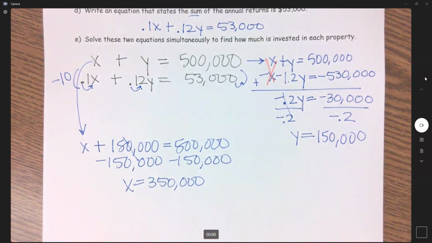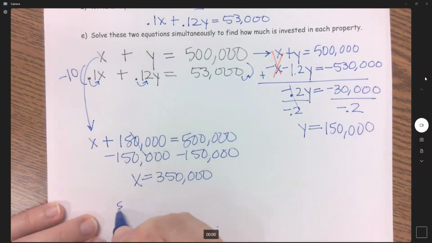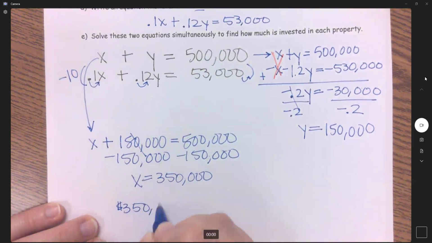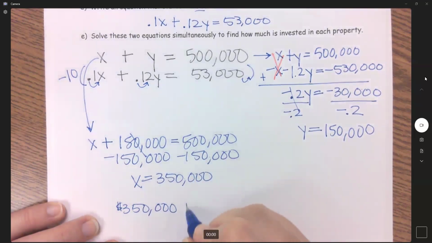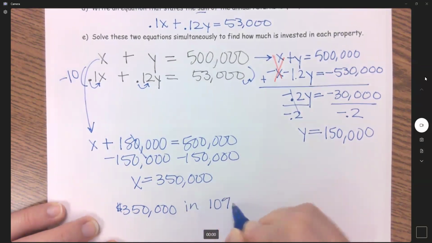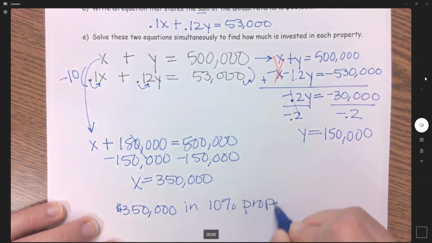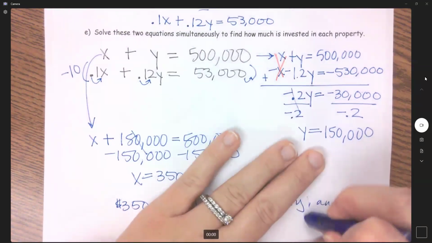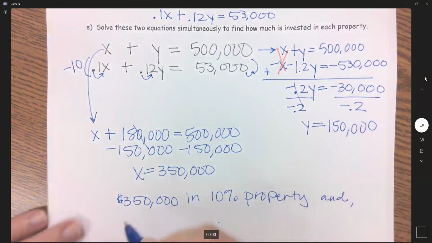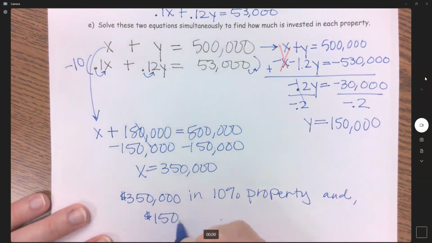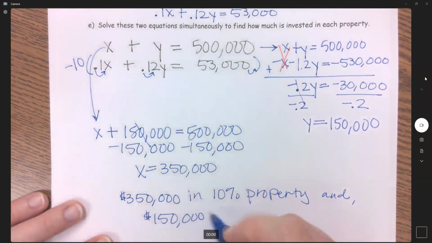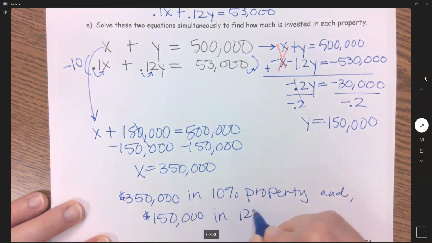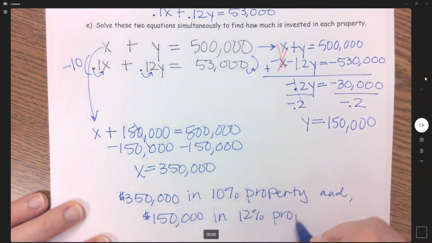So to answer the question, how much she invested in each property? She invested 350,000 in the 10% property and 150,000 in the 12% property.